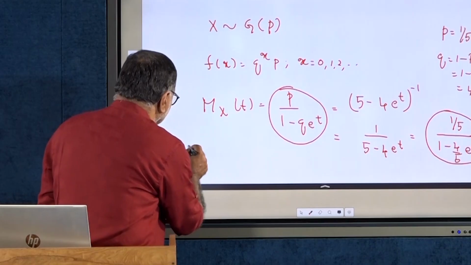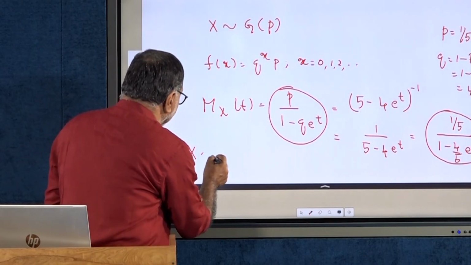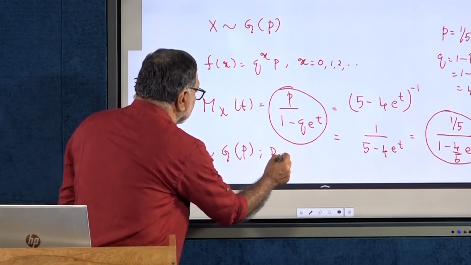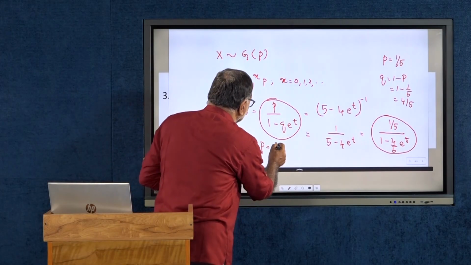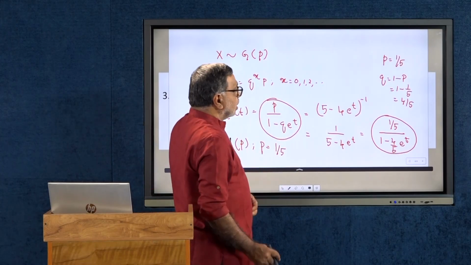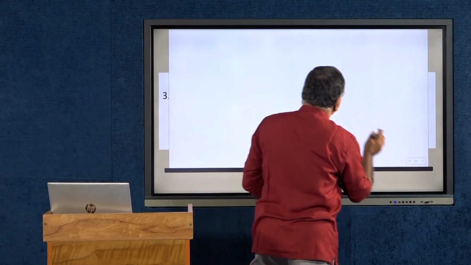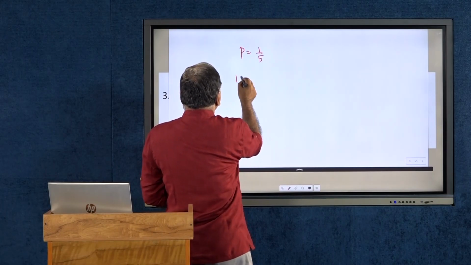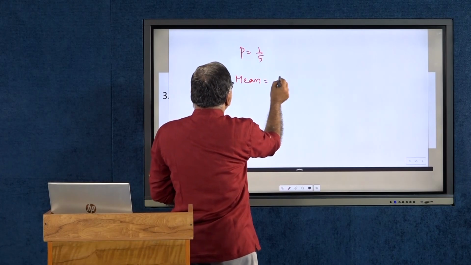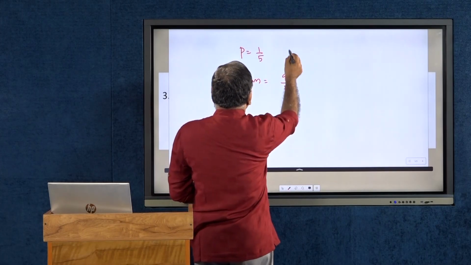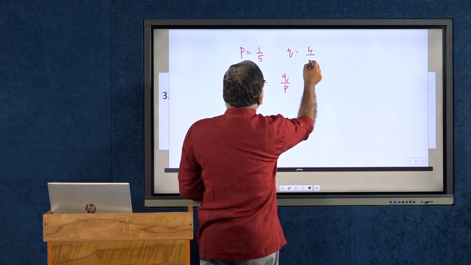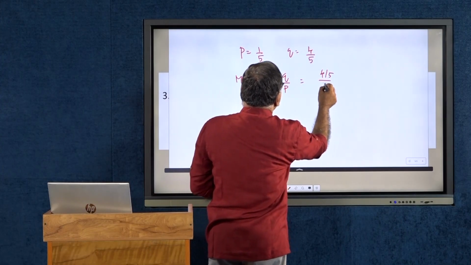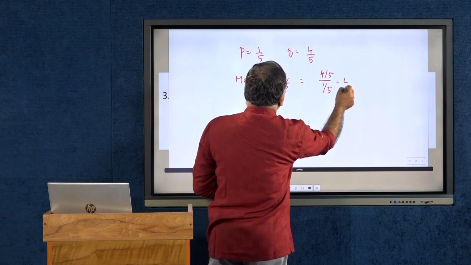We have the result that x is a geometric random variable with the parameter p, where p is equal to 1 divided by 5. Hence, if p is equal to 1 by 5, we find the mean, which is equal to q divided by p, where q is equal to 4 by 5. So, this is 4 by 5 divided by 1 by 5, that is 4.